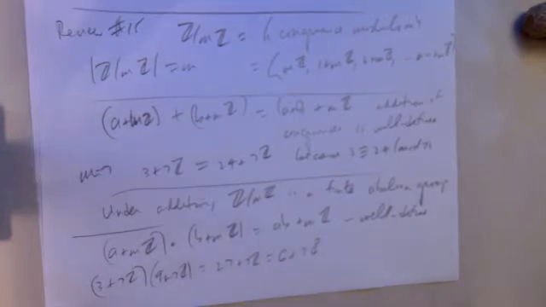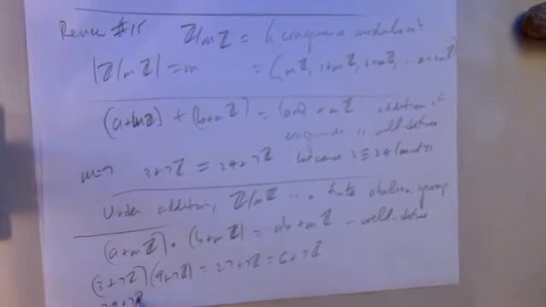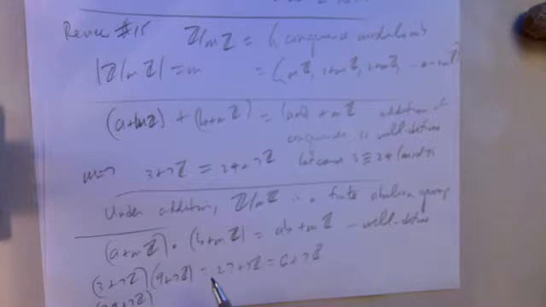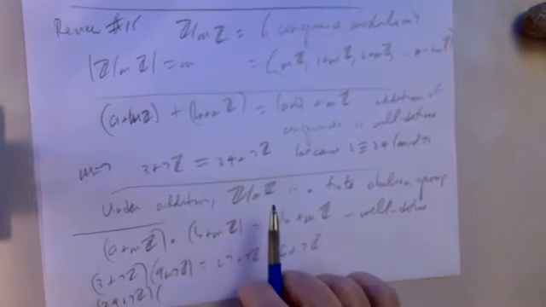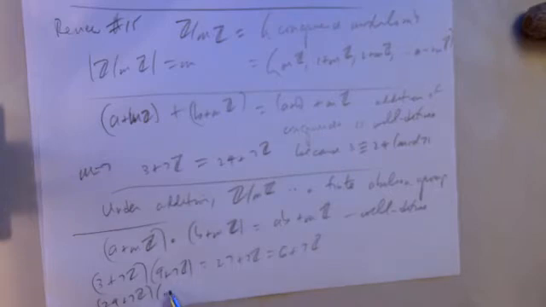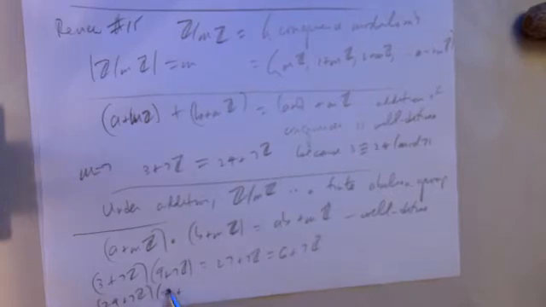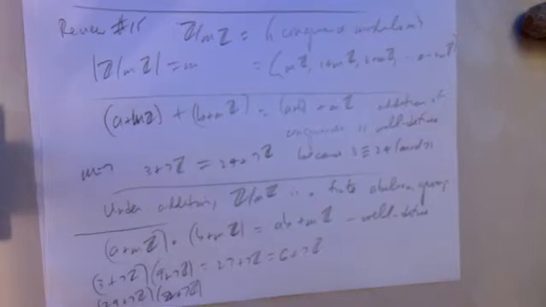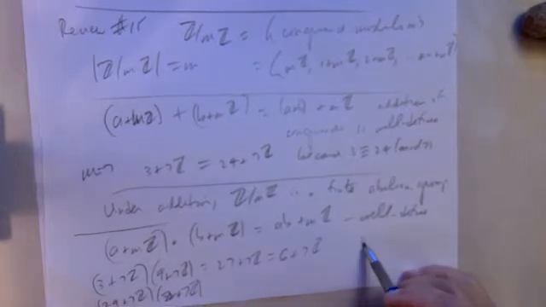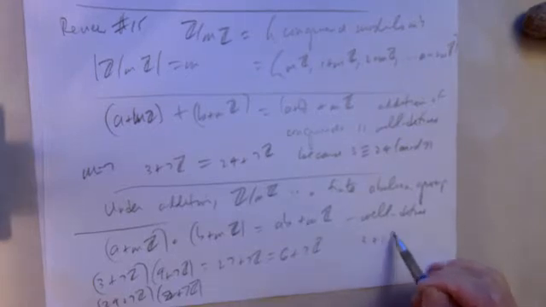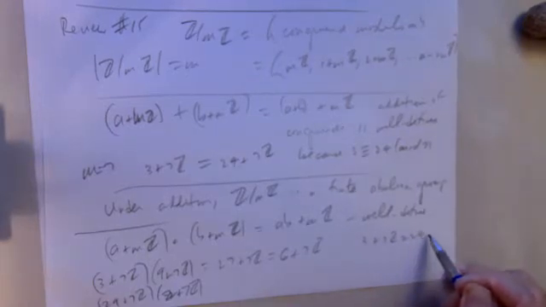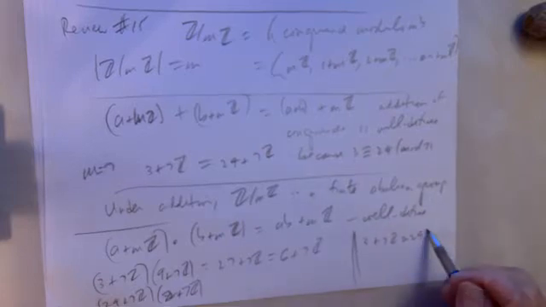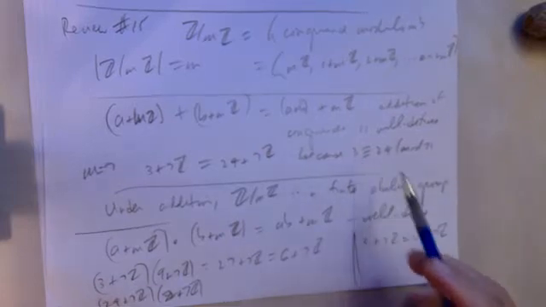And if you take, for example, 24 plus 7Z times, I don't know, 2 plus 7Z, that should be the same thing, because 3 plus 7Z is the same congruence class as 24 plus 7Z. Right? We saw that here.